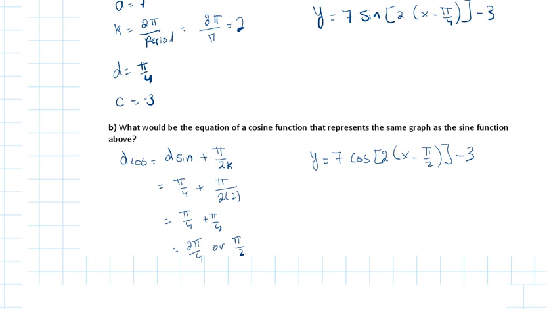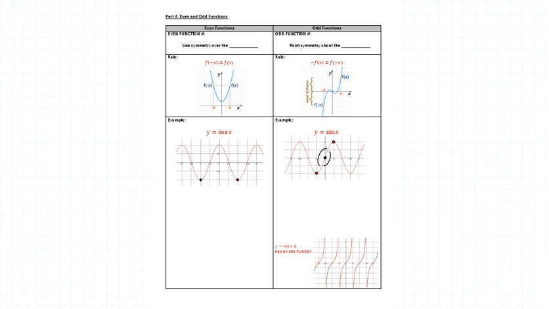All right. And last thing we're going to look at today is even and odd functions. So remember that we talked about even and odd functions, and we said that an even function will have a line of symmetry over the y-axis.